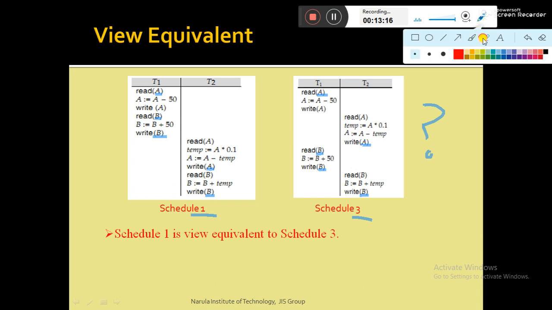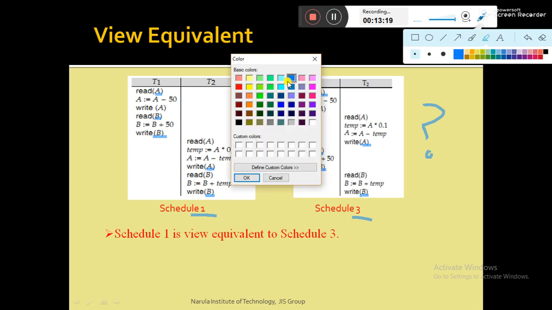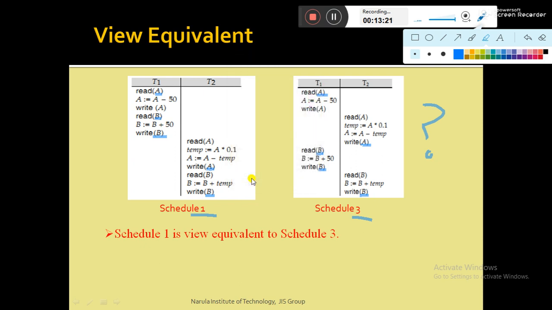Next we have to check whether condition 2 is satisfied or not. If you remember, condition 2 states that in schedule S, if a transaction Ti reads a data item Q which was previously written by transaction Tj, then in schedule S prime also the transaction Ti should read the data item Q which was previously written by transaction Tj.